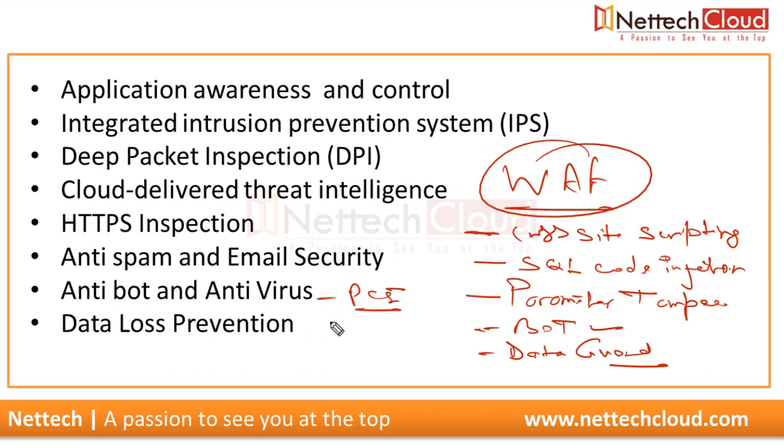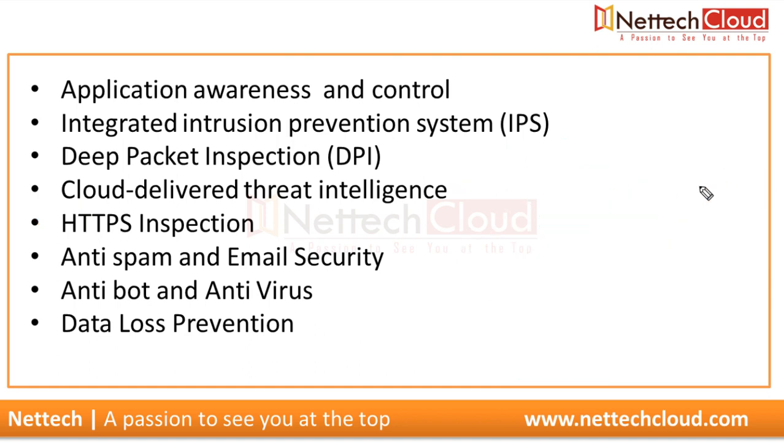So up to a certain extent, WAF and next generation firewall both have similarities and differences, of course. A similarity is that if a web application firewall has data guard, anti-bot, or vulnerability protection, next generation firewalls also have them.